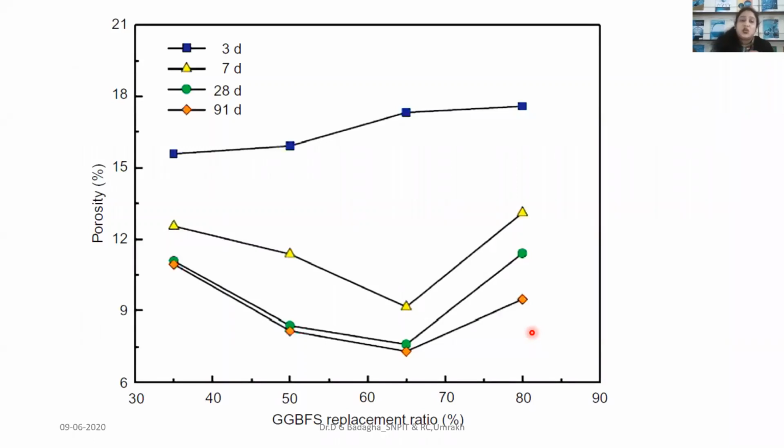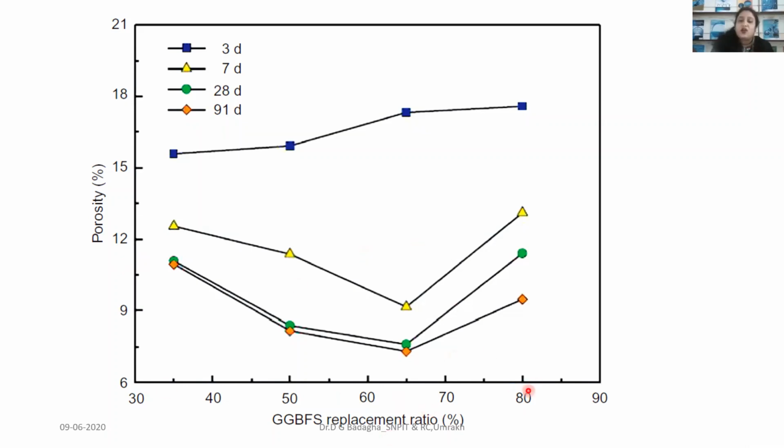Here you can see that porosity is also a main concern in concrete. If we are using GGBFS replacement ratio between 35 to 65, porosity is in a range.